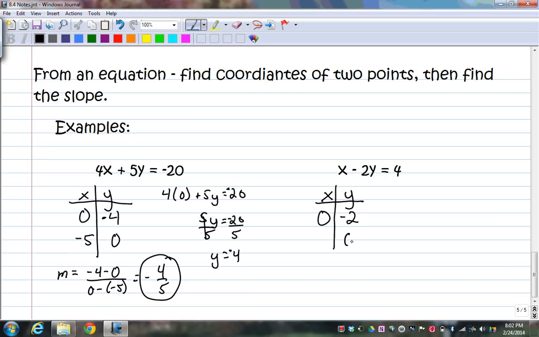If I put a 0 in for this term, that's real easy because that just wipes out and x is 4. For my slope then, I have -2 minus 0 over 0 minus 4. This is equal to -2 over -4, which is equal to a positive 1/2. Not too bad, right?